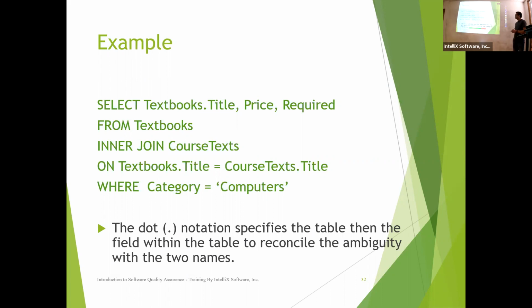So select textbooks.title. When you are involving multiple tables, the best practice is to write the table name dot field name, so that you know which table the field is coming from. So textbooks.title, price, required from textbooks inner join course text on.